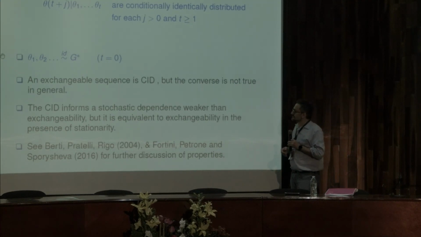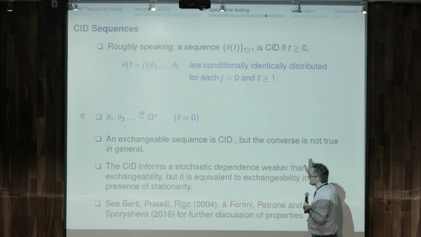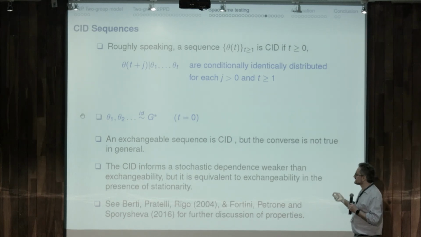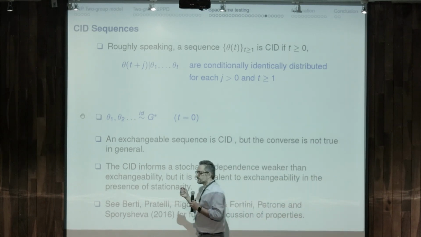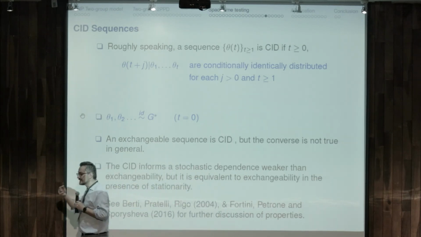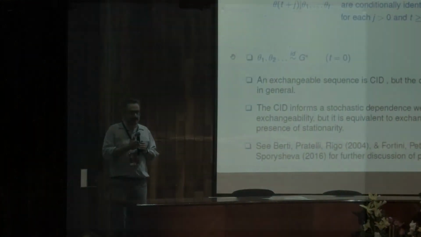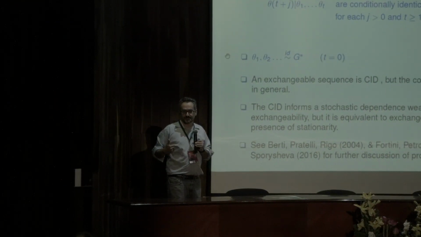In particular, an exchangeable sequence is for sure CID, but the converse is not true in general. What is missing is basically the presence of stationarity. In particular, you can think of the CID sequences as sequences that ensure stationarity in the future conditional on the past.